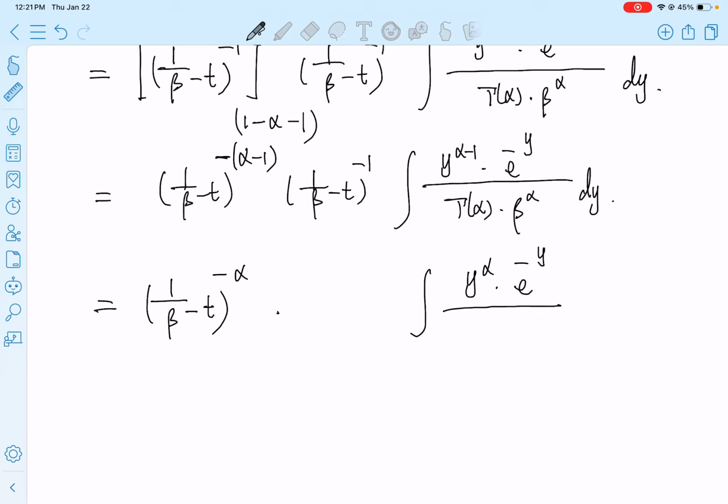I want to remove this part, let me color it. First of all, I'm going to move that outside. If you want, you can add a 1 here, but right now I'm just going to directly move it outside. So this is just beta alpha, but in the denominator, so it's 1 over that, but now I'm writing a negative alpha.